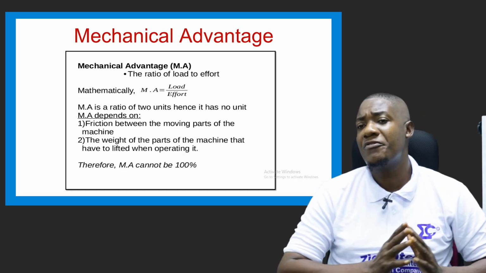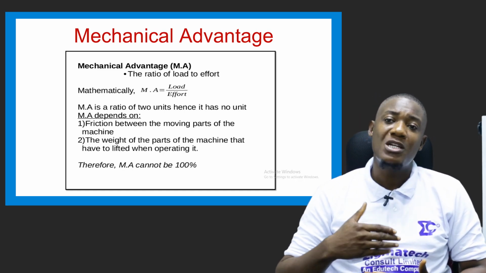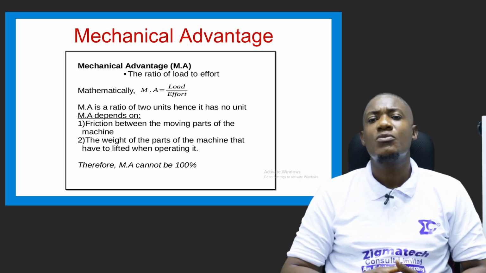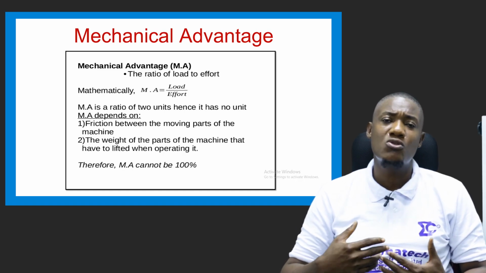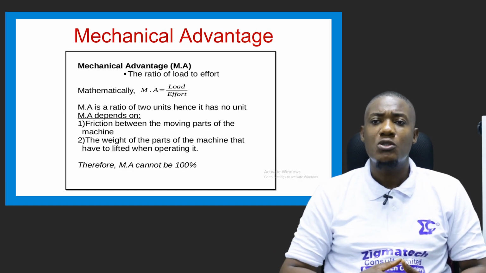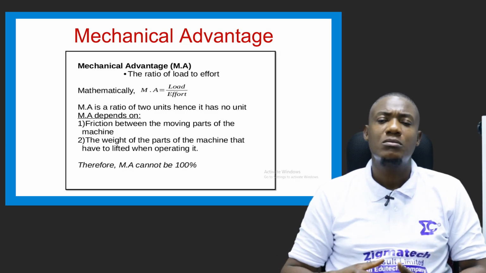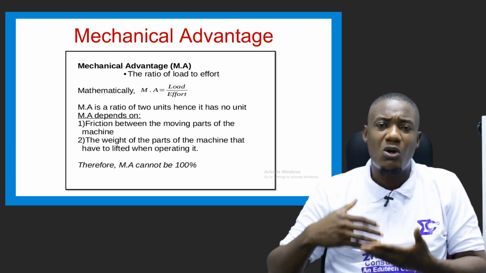Remember that in my previous lesson, we discussed the meaning of machine. I told you that a machine is a device or a tool which makes us do our work easily and more conveniently.